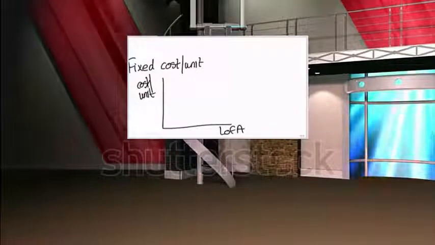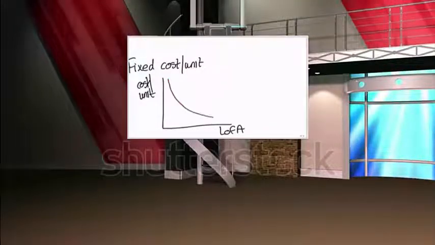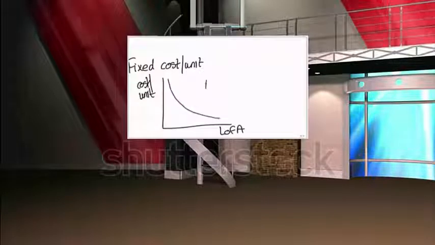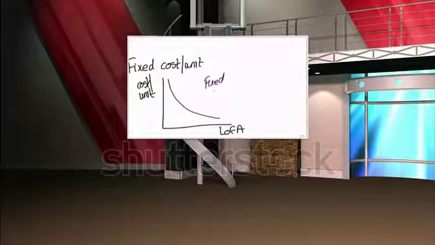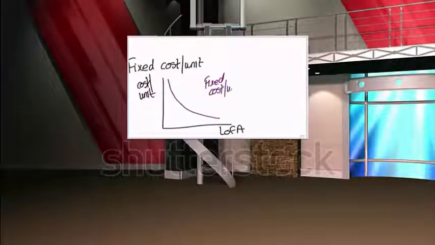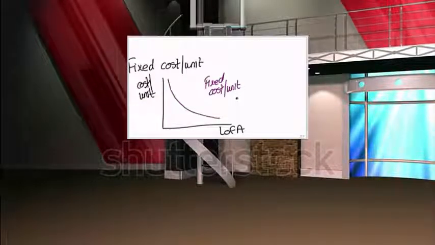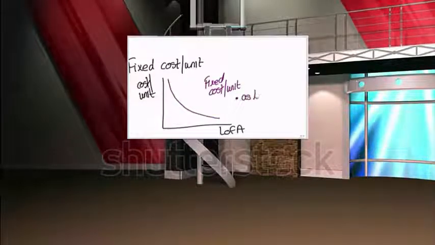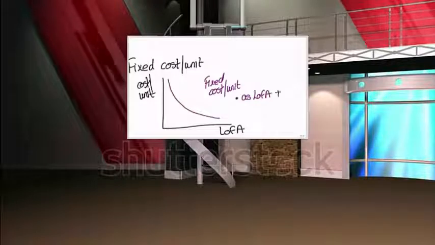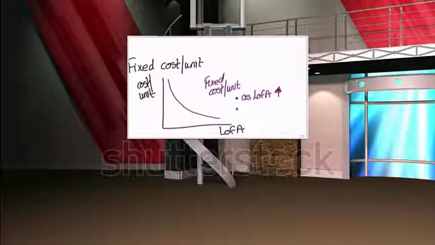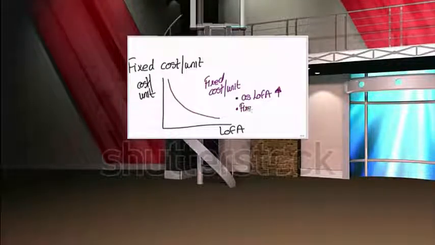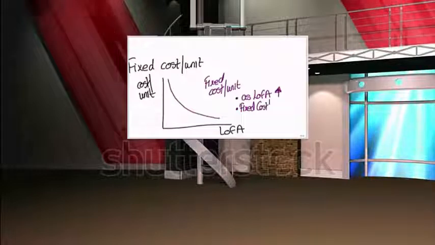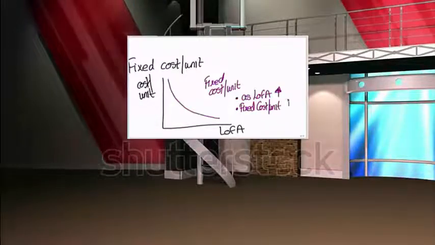And we would get a graph something like this. So this is our fixed cost per unit. And as we've seen, as level of activity goes up, the fixed cost per unit will go down.